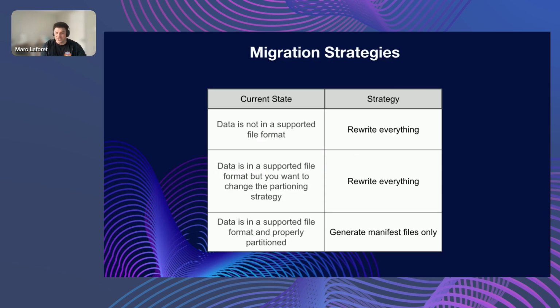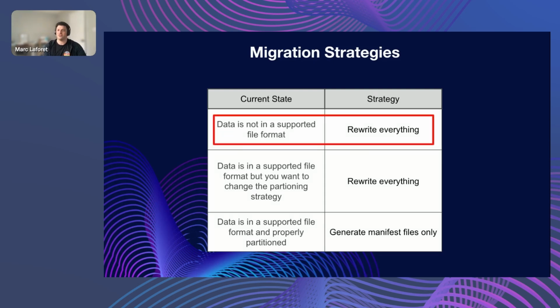If you're in the lucky position where your data is in a supported file format for Iceberg, meaning Parquet, ORC, or Avro, and it's properly partitioned, then you're in a really good spot, because you can get away with only generating those manifest files and you don't have to restate any of your data, which is the time consuming and expensive part.